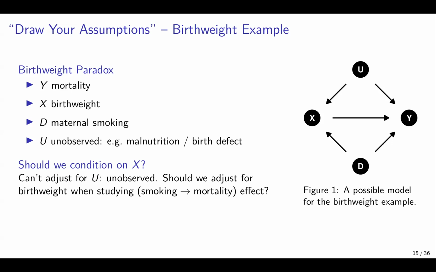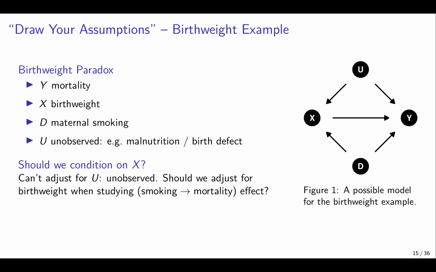Okay, so the question here, if we take a look on the right-hand side, is suppose that we think this is a possible model for the birth weight example. So let's talk our way through this DAG on the right-hand side. Remember that the directed edges, those arrows, they describe the flow of causality. So what I'm saying here is I think there could be some unobserved things, maybe they include things like malnutrition or a birth defect or various other things.